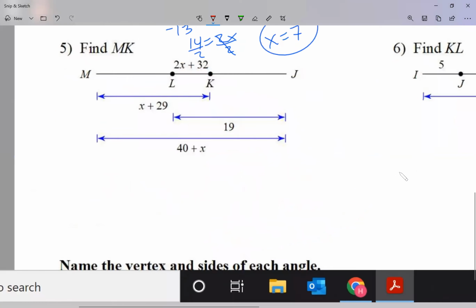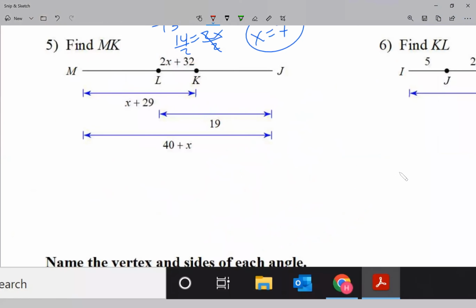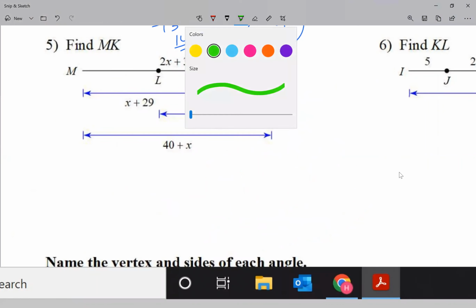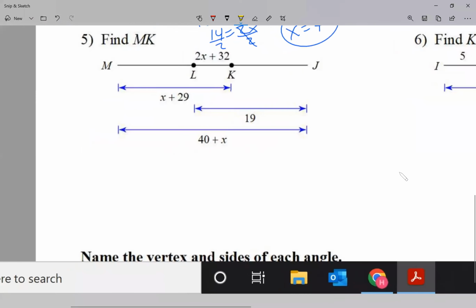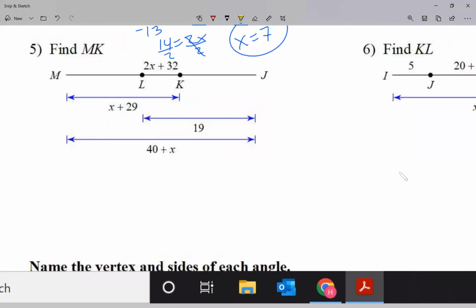All right, let's take a look at question number 5. There's two small segments. I can see x plus 29, and I can see 19. Those are two small segments. They do overlap. So let me just say x plus 29 plus 19.